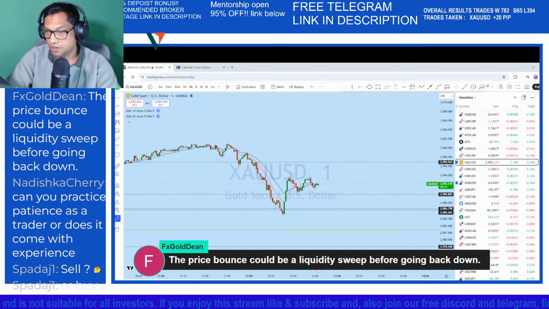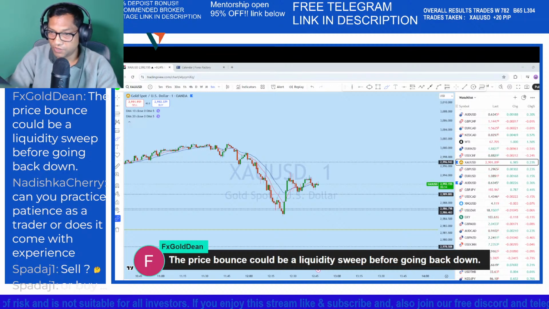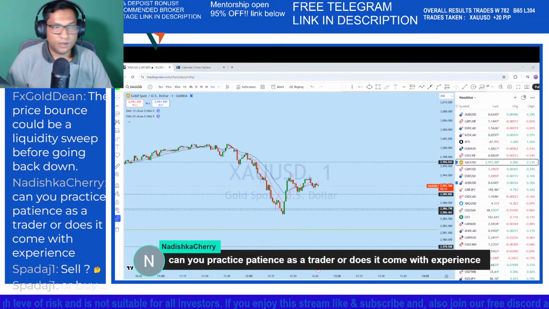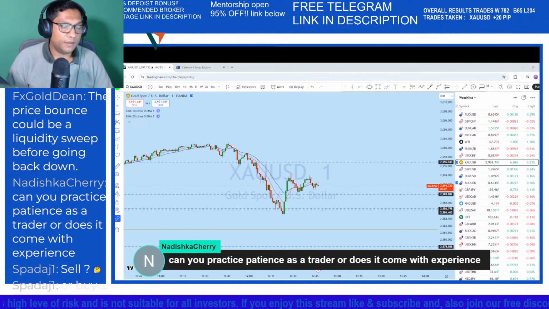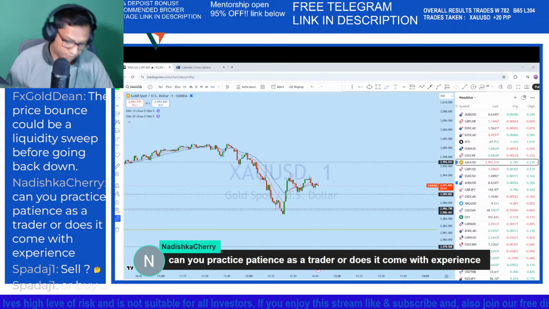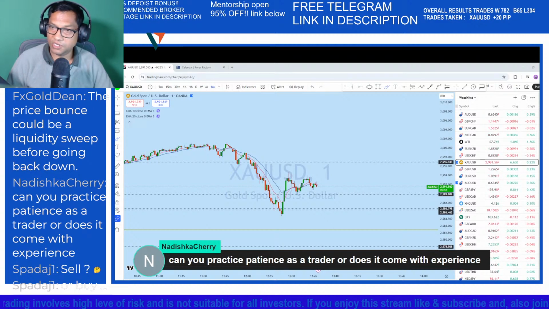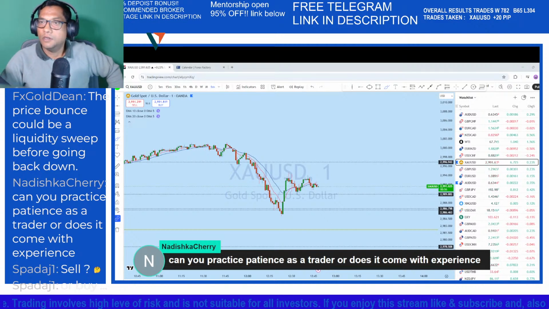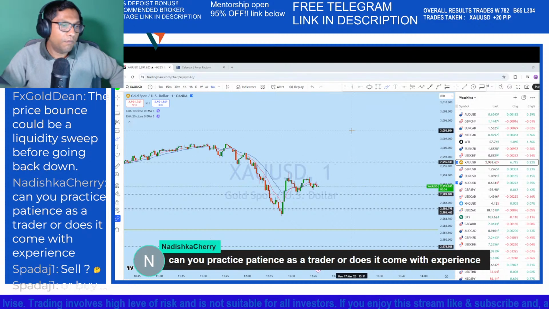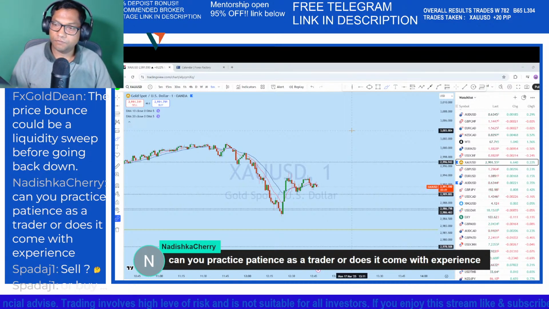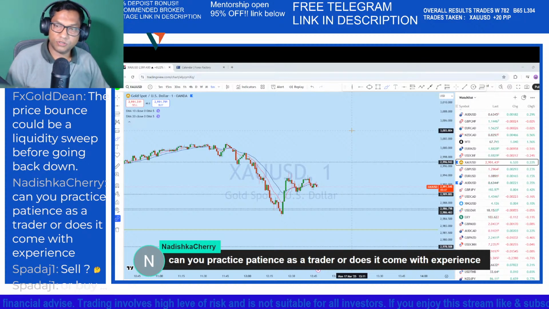Can you practice patience as a trader, or does it come with experience? Nadishka, well, that's an absolutely important question. Does patience come as a trader, or does it come with experience? Patience comes from anything that requires patience, because this is how our brain works, right?